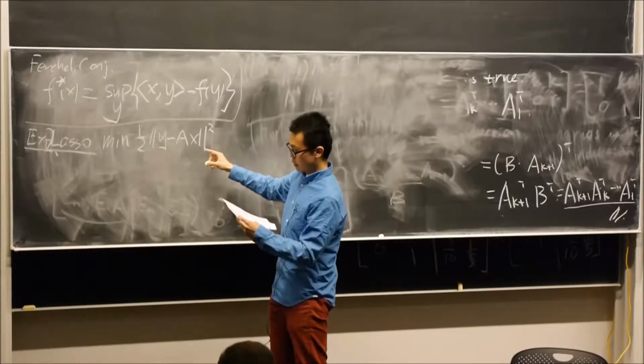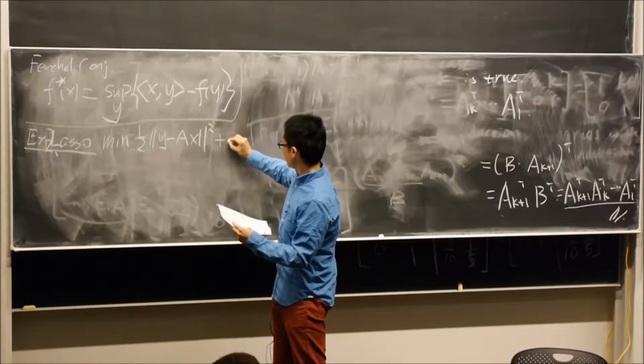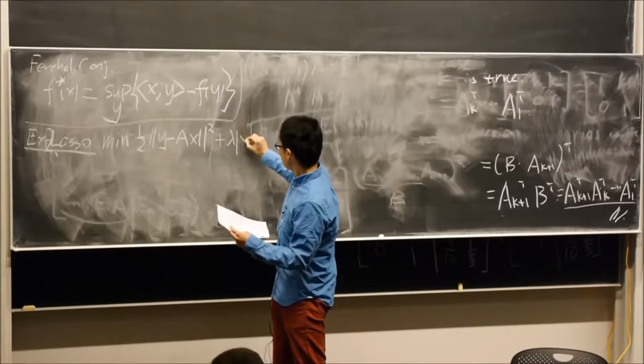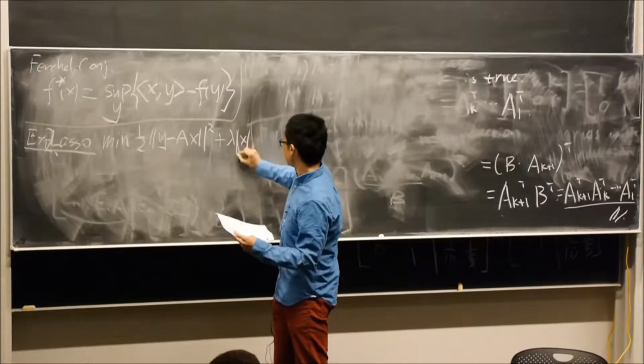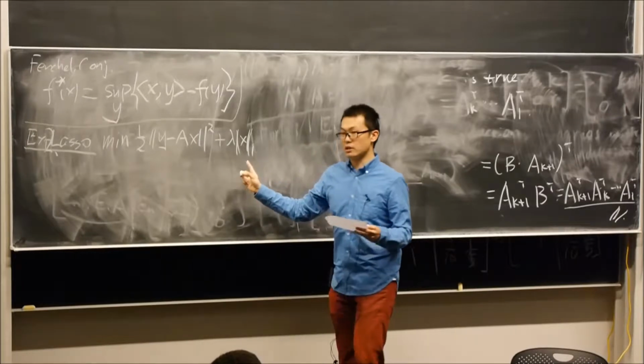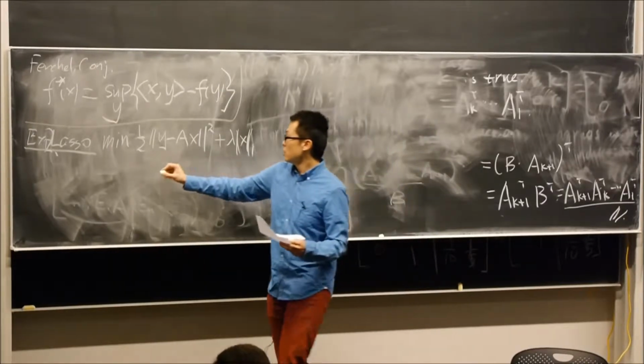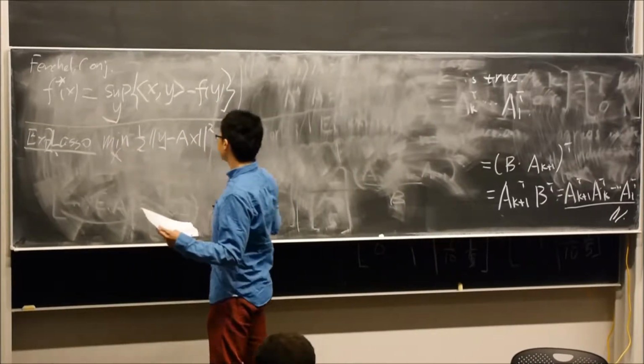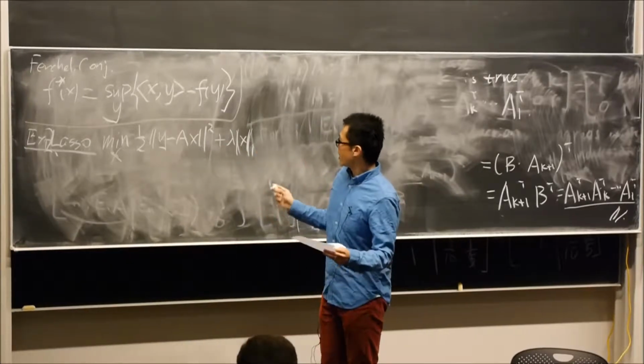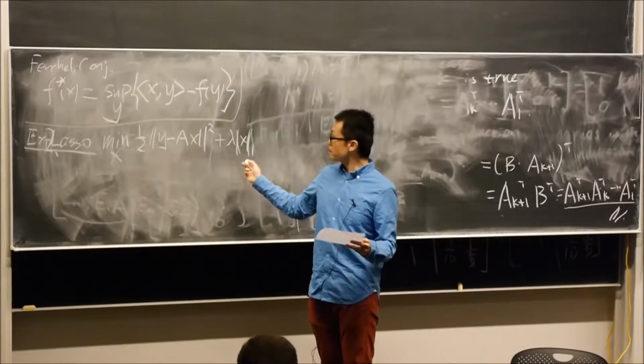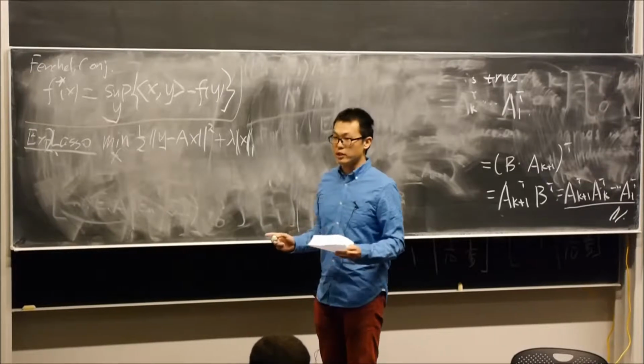This is just an L2 norm plus lambda times a 1 norm, because we want to induce sparsity in the representer x. But now we have one problem. This is an unconstrained optimization.